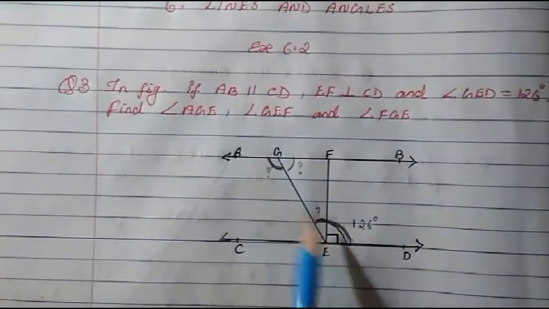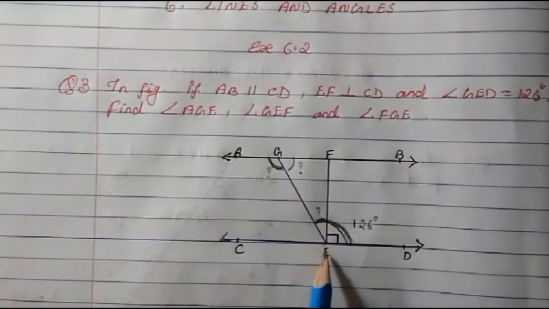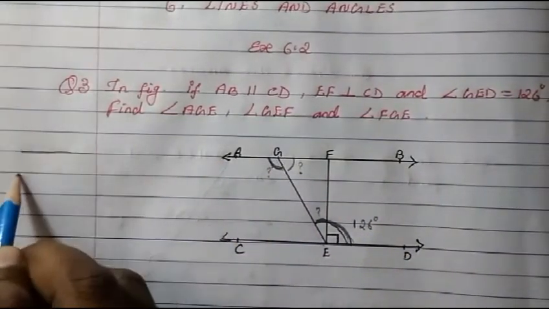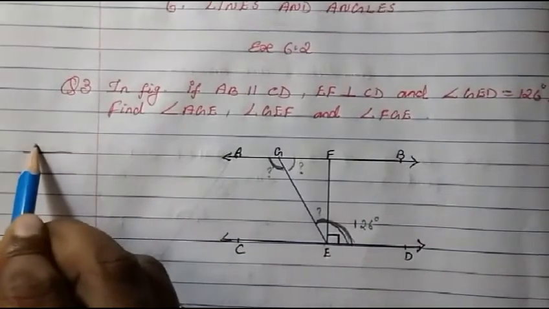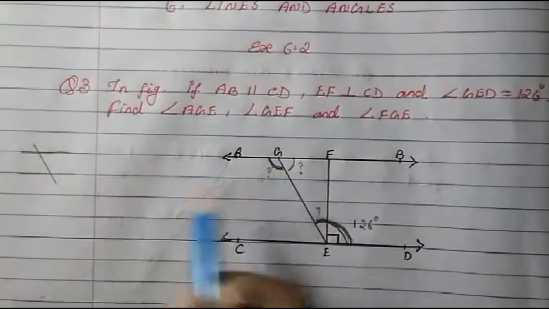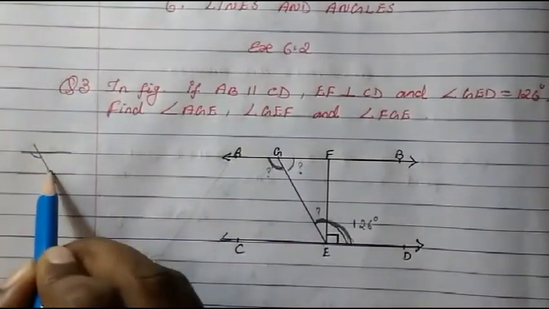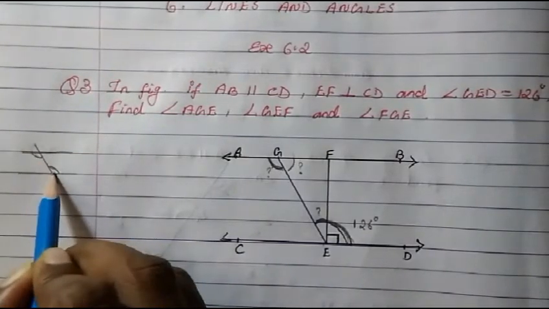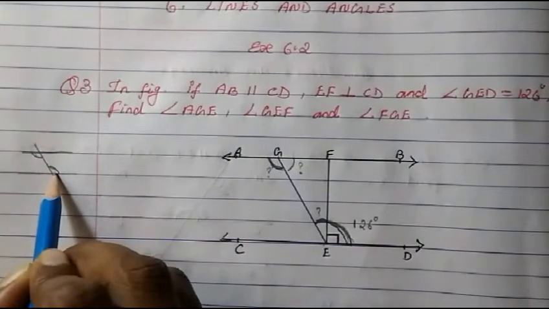This is a transversal, the blue line you see is a transversal, and these two black lines are parallel. So this angle and this angle are alternate interior angles.